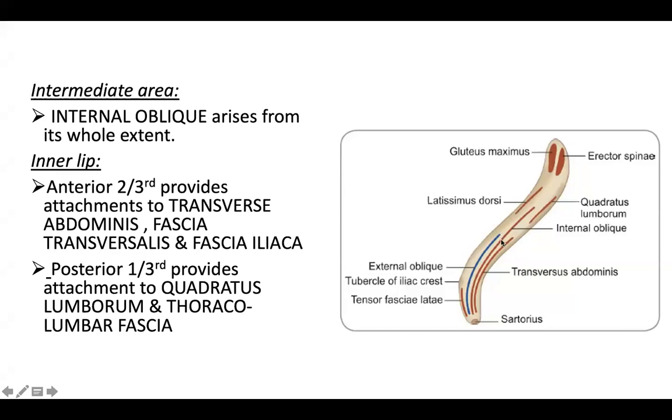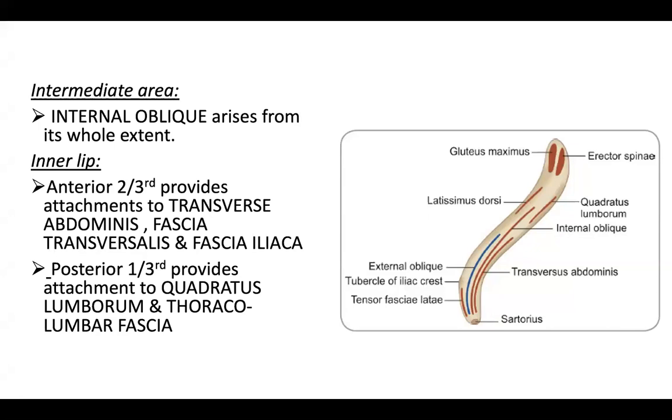And in the intermediate area, there is no fascia attached. It is giving attachment purely to the muscle, which is internal oblique. So all these are the muscles which are attached to the anterior 2/3 or the ventral segment of the iliac crest. Is it clear, everybody?